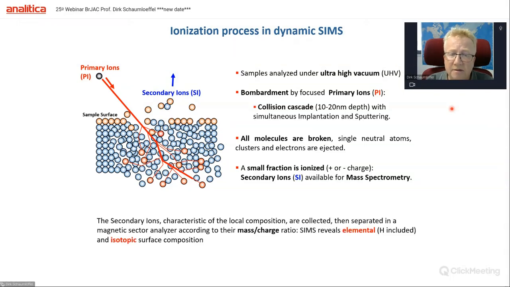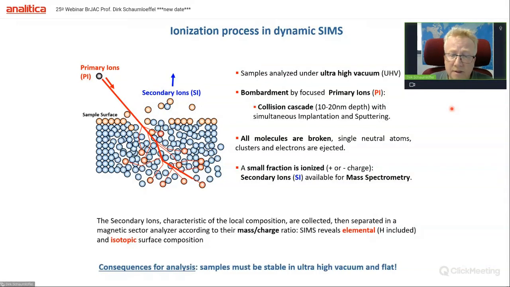The secondary ions are characteristic for the local composition. They are collected and separated in a magnetic sector analyzer according to their mass-to-charge ratio. And dynamic SIMS reveals elemental, also hydrogen included, and isotopic surface composition. So we can have elemental information, but also isotopic information.